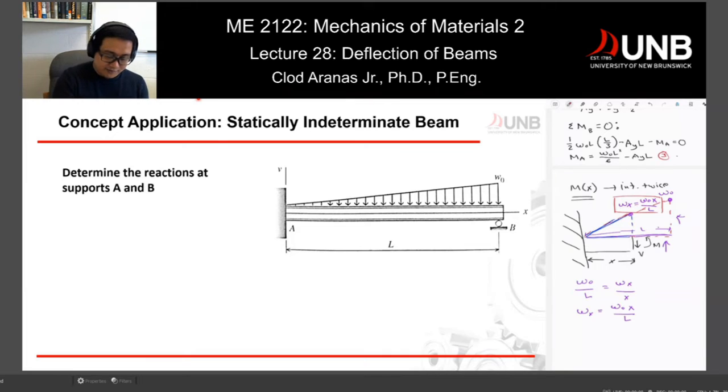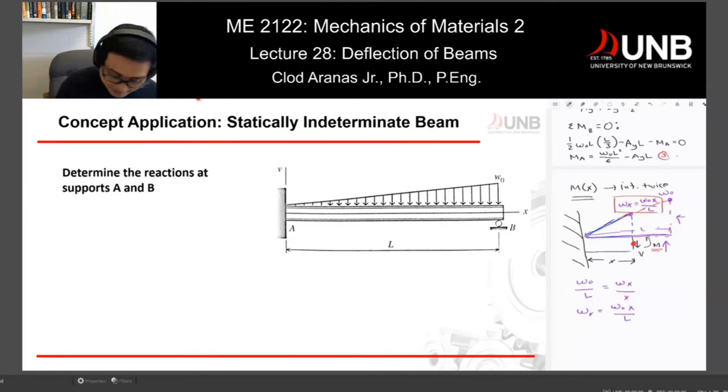So now, if I'm going to sum the forces at this point, because that's how second order differential equation works, I can sum forces. In this particular case, we don't care about V, we care about M. So we can sum the moment at this end of the beam and get the equation M sub x, and that M is this M right here.